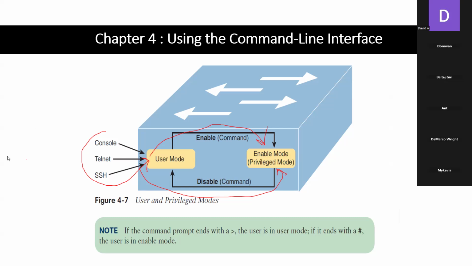Okay. Yeah, I understand that. So there must be a custom configuration that takes you right into the privileged mode. And when I say custom, I mean with AAA, right?